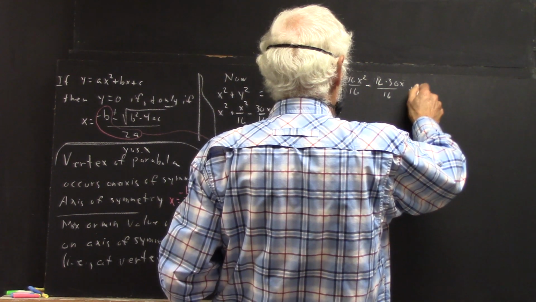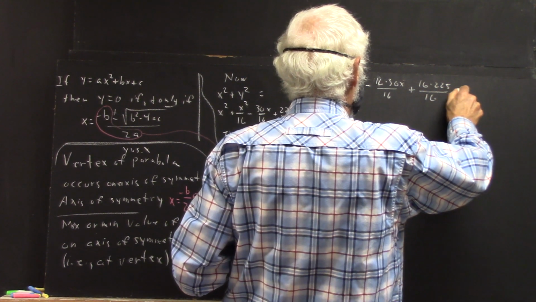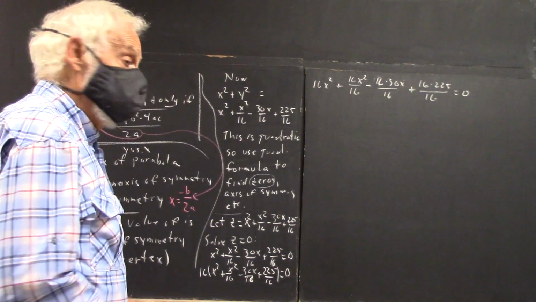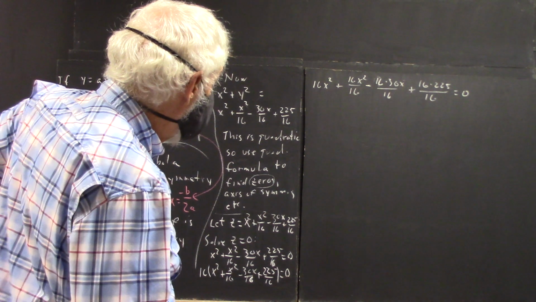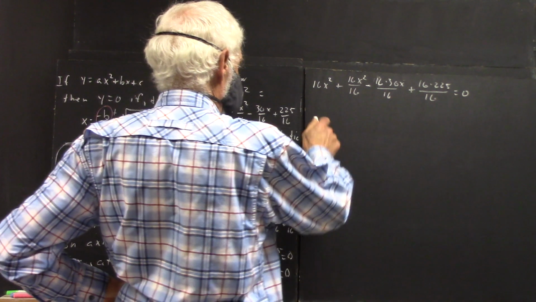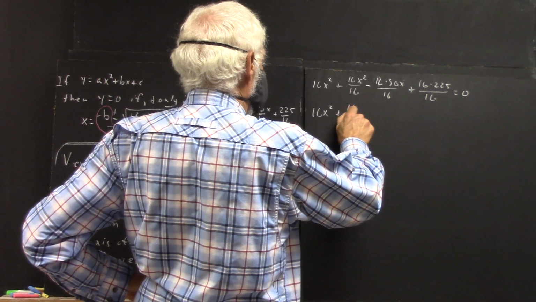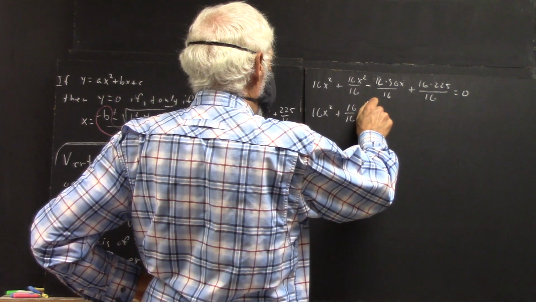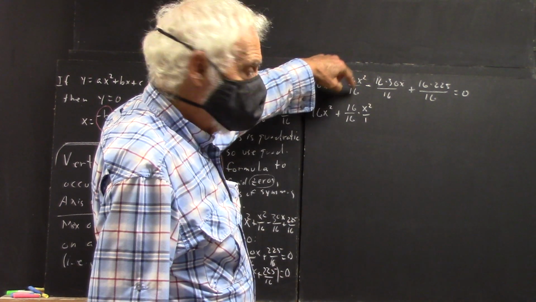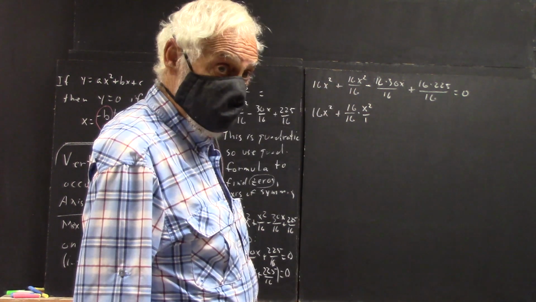We're going to see how this works out, because again, cancellation is a big problem. We're not going to use it. You have to understand fractions well enough to understand that 16x squared over 16 is the same as 16 over 16 times x squared over 1.